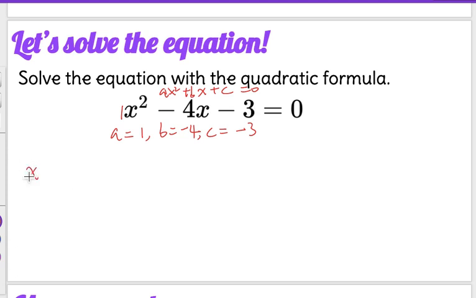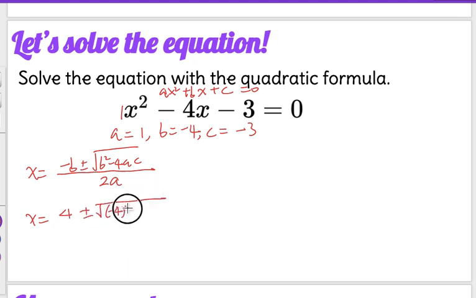So all we need to do is plug into the formula: opposite of b, plus or minus the square root of b squared minus 4ac. So let's plug in the numbers. As we said, it's the opposite of b, so negative 4 becomes 4, plus or minus the square root of b squared, which is negative 4 squared, minus 4 times a times c. I just prefer to put parentheses when I deal with negative numbers, so I don't make mistakes.